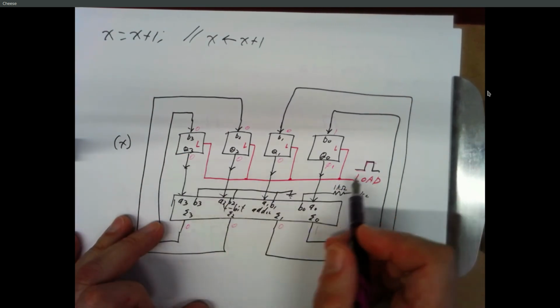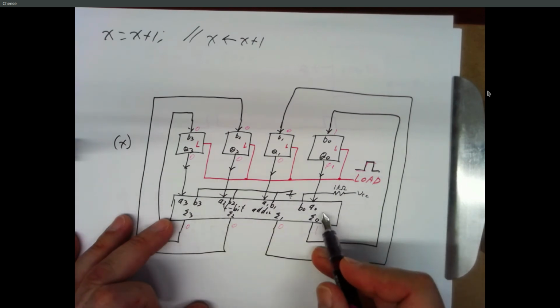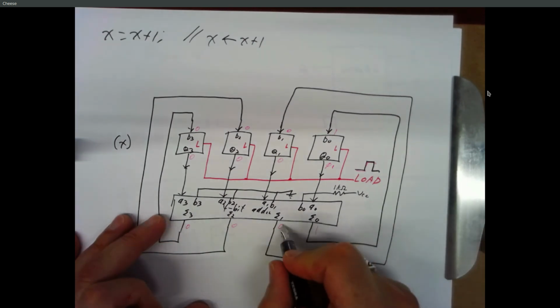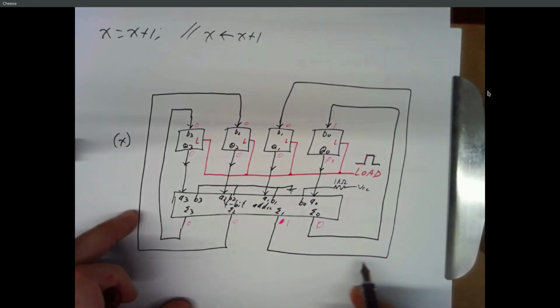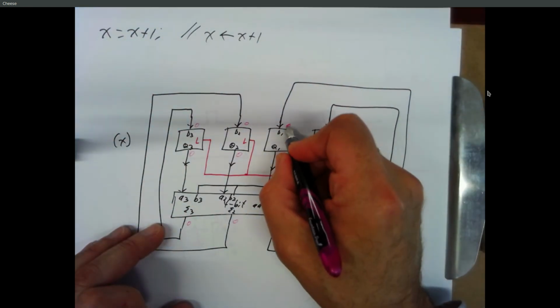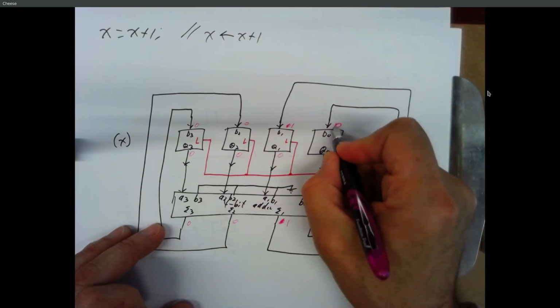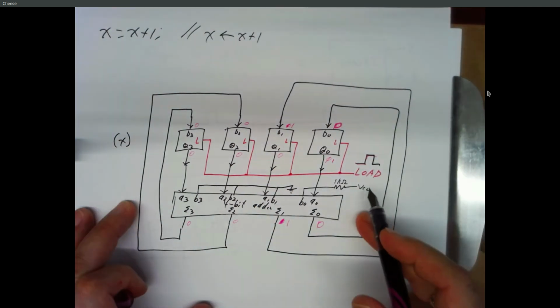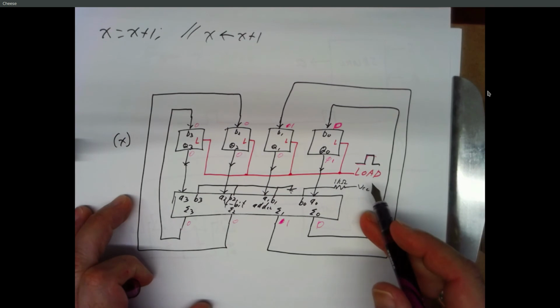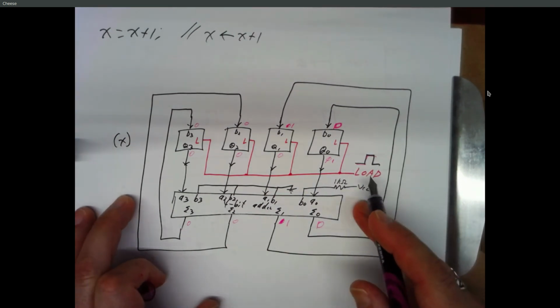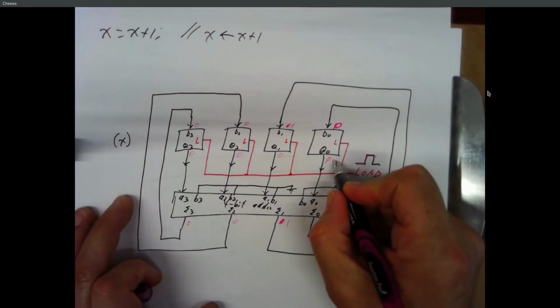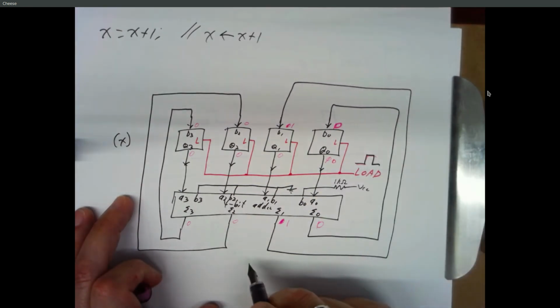We have 0, 0, 0, 1 going into our adder. We add 1 to that. The output of the adder is now 0, 0, 1, 0. Those get carried around these wires. This becomes a 0, 0, 1, 0. If the load line is still high after all this happens, and this happens in a few nanoseconds, this 0 on the D gets loaded into the latch, and now this becomes a 0.